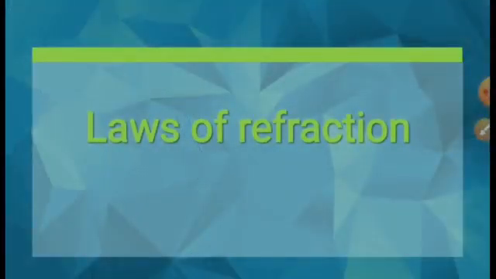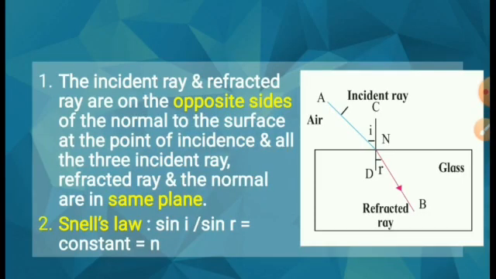So let us see the laws of refraction. The incident ray and refracted ray are on the opposite sides of the normal to the surface at the point of incidence, and all three, the incident ray, refracted ray and the normal, are in the same plane.